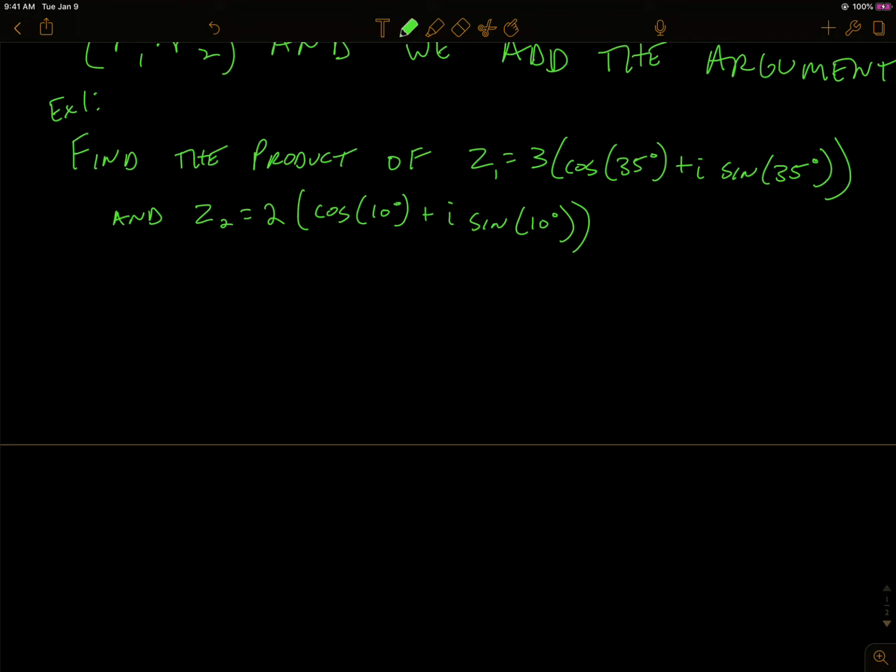So we know our formula. So the answer of Z1 times Z2 is going to be to multiply the magnitudes, or the radii there. So 3 times 2, we get a 6. And then it's going to be cosine of the angles added together. So it's going to be 45 plus I sine of 45 degrees. All right. And it's that easy.